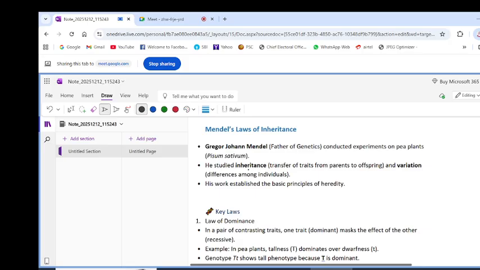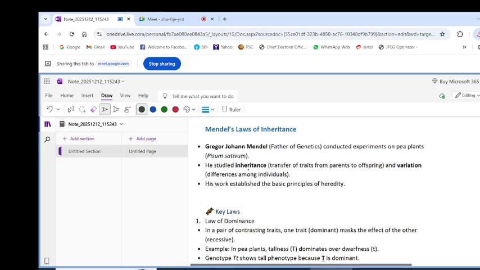Variation, from the word itself you can understand the meaning: differences among individuals. For example, if we consider a family, the whole members do not look the same. They have variations in their physical and mental characters. That is variation.